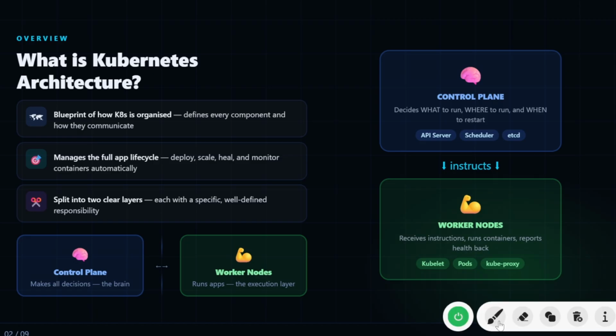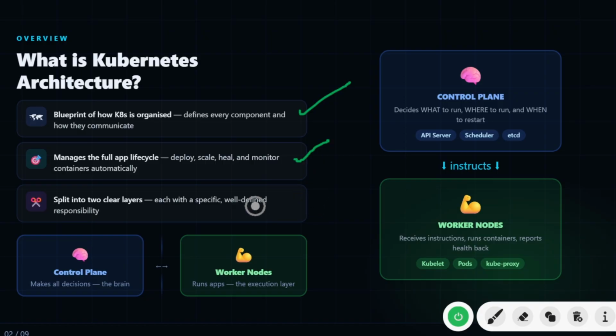Now let us understand what exactly the architecture is. Basically, the architecture is going to give an idea or a blueprint of Kubernetes, how exactly it is organized. It defines each and every component and how they communicate with each other in the real world. It also provides the full application lifecycle, end to end, starting from deploying, scaling, self-healing, and monitoring containers automatically.